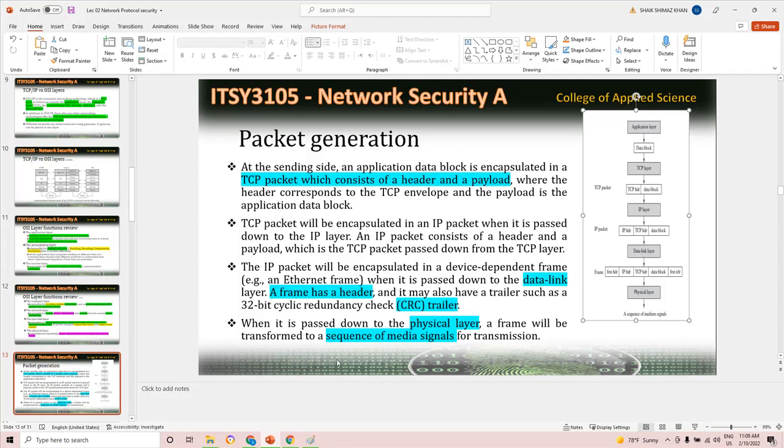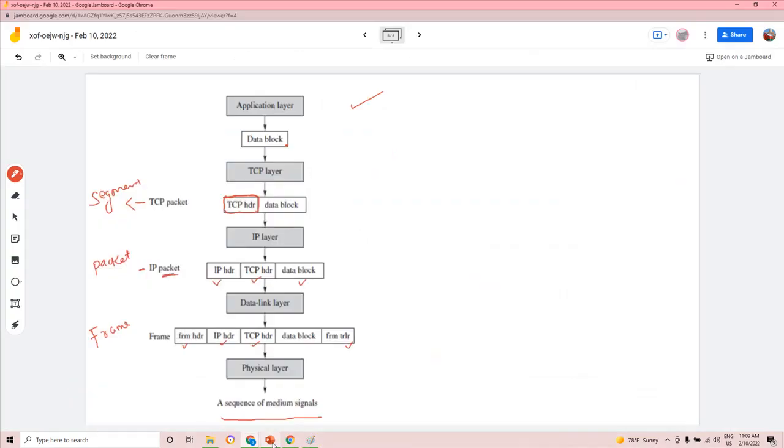And the sequence of media signals is for the physical layer. That is, the physical layer will convert the frame into media signals. So there can be a multiple choice question: the physical layer converts this frame into media signals. And the frame, please understand, contains the frame header and frame trailer.